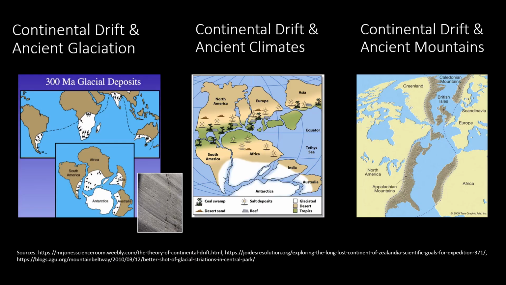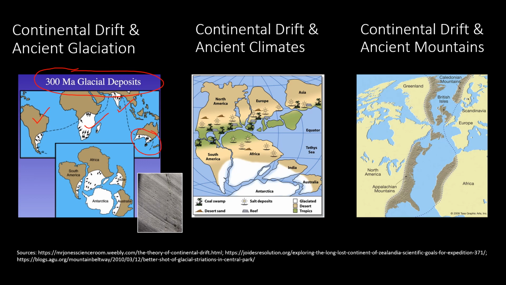There's even more evidence, though. Wegener noted that there's evidence of distinctive glaciation that occurred on the order of 300 million years ago all over the world. We see it in South America, in Africa, in India, and even in part of Australia.